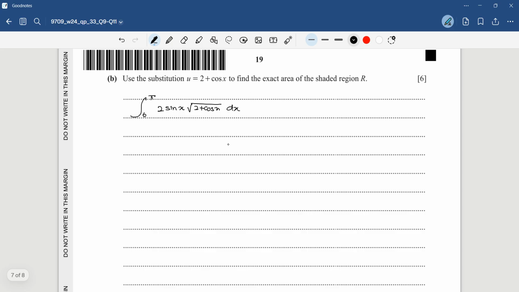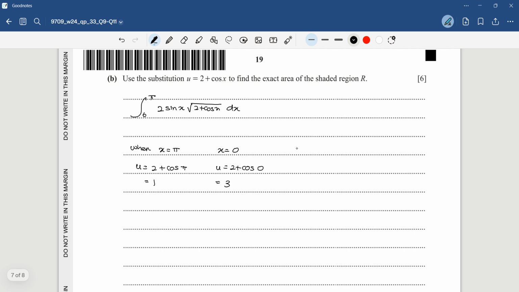Okay, so we change everything into u. First we change the limits. When x equals pi, my u will be 2 plus cos pi, which equals 1. So when x equals 0, my u equals 2 plus cos 0, so my u is 3.